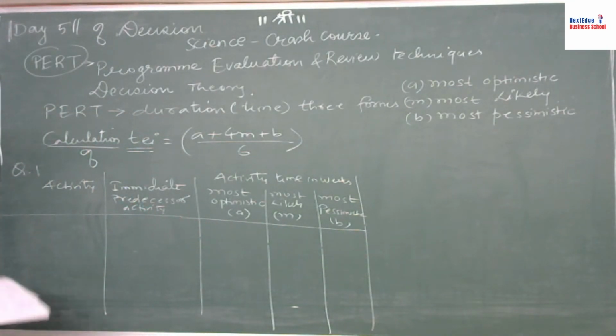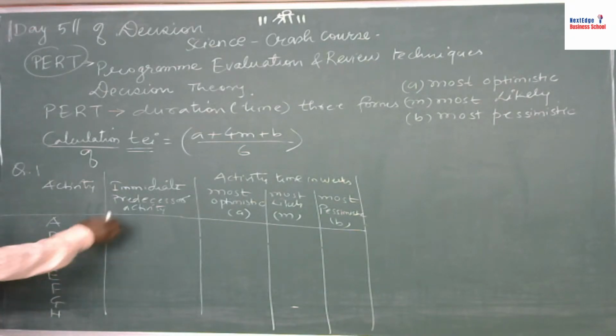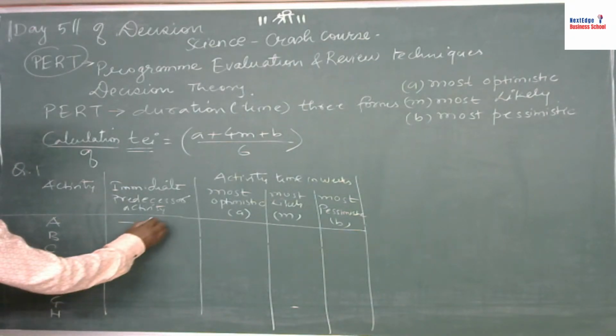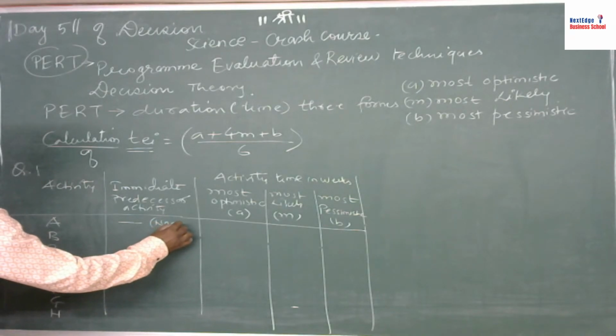So let us write the given data in the table so that we will understand how exactly the problem can be calculated. Can you all see everything I'm writing there? Great, no issue. So activities: A B C D E F G and finally H. Immediate predecessors: for A it's none, or dash.